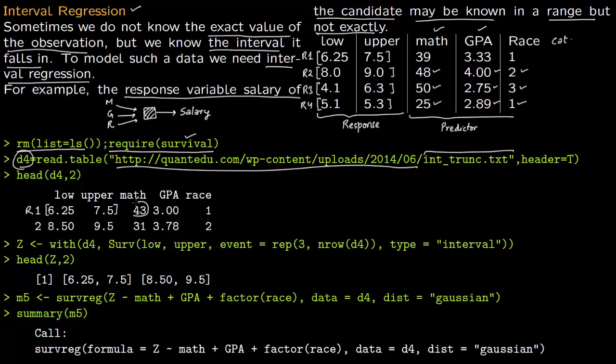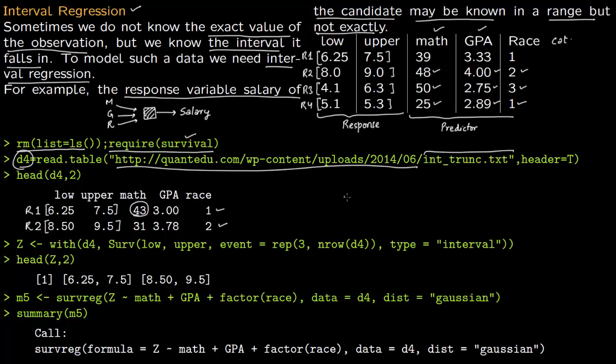His math score is 43, GPA is 3, race is 1. Row 2, the lower value is $85,000, upper value is $95,000. Math score is 31, GPA is 3.78 and race is 2. Notice that these intervals have different lengths, so you do not have to make them of the same length.